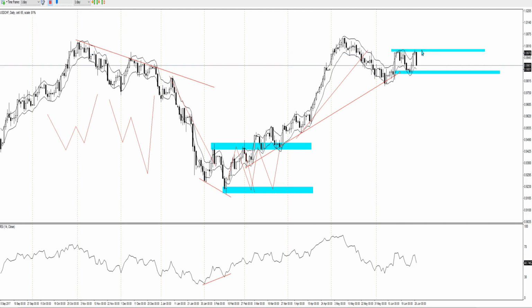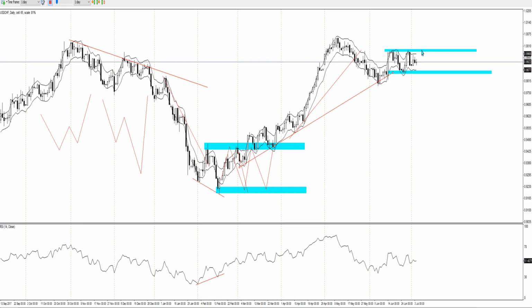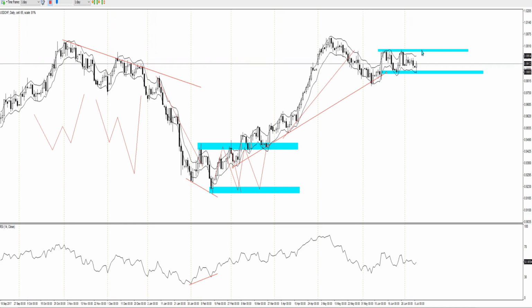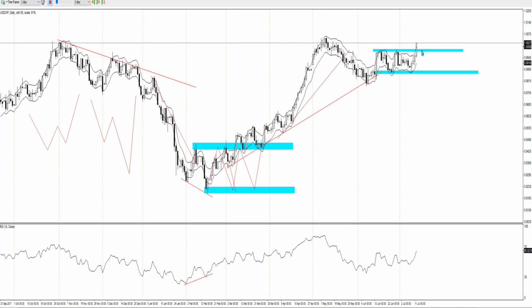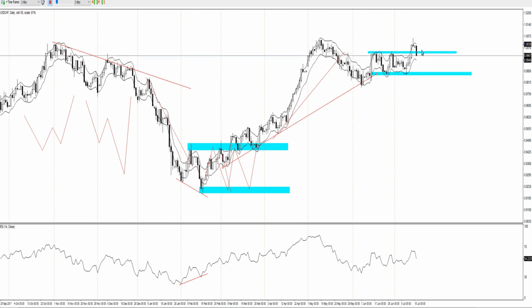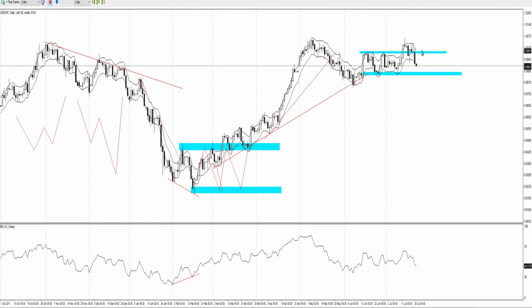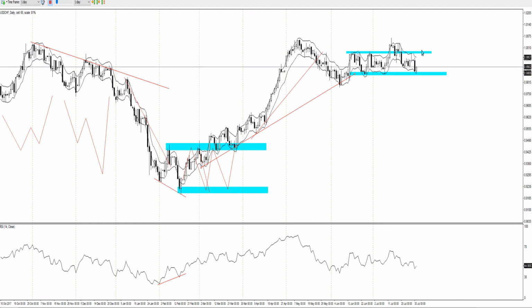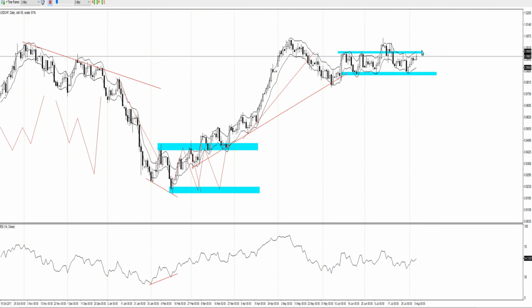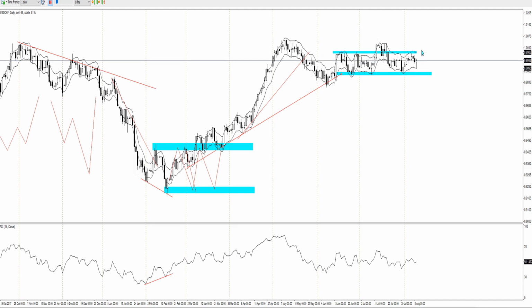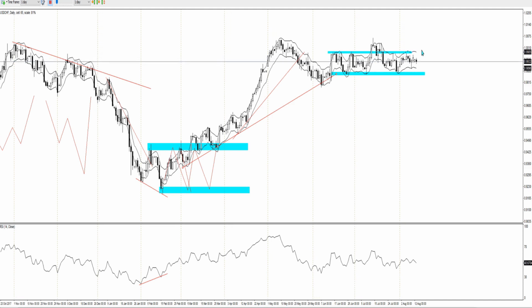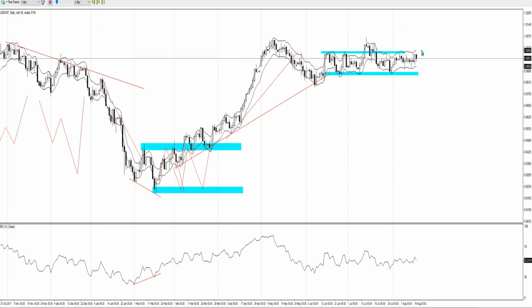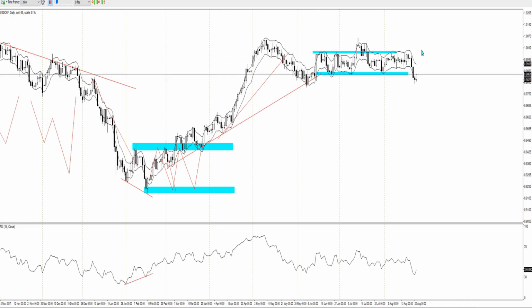There's one opportunity, and that one would have worked out because it comes down and touches the bottom. And then another opportunity, that's opportunity number 2, and it touches the bottom. And then the third opportunity, or the fourth opportunity, price hits there, and then it comes all the way down.